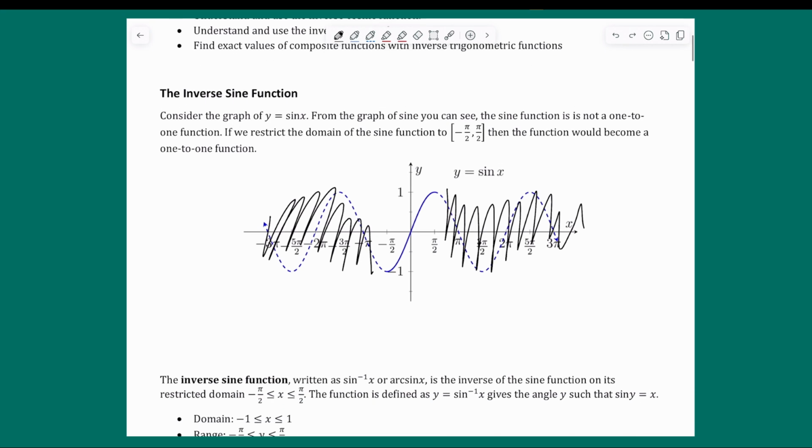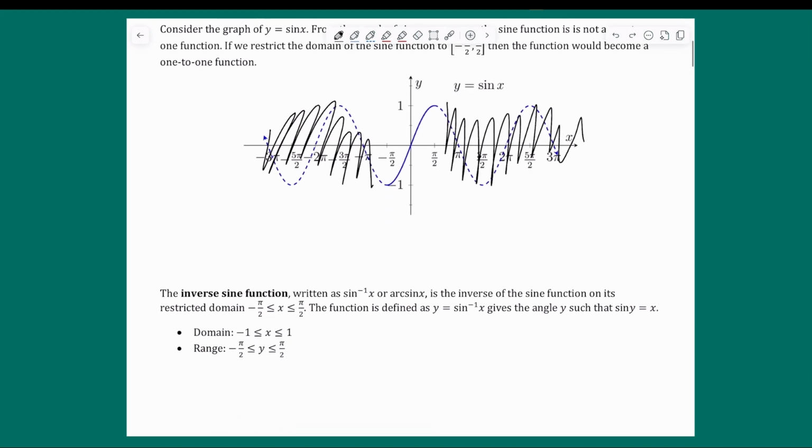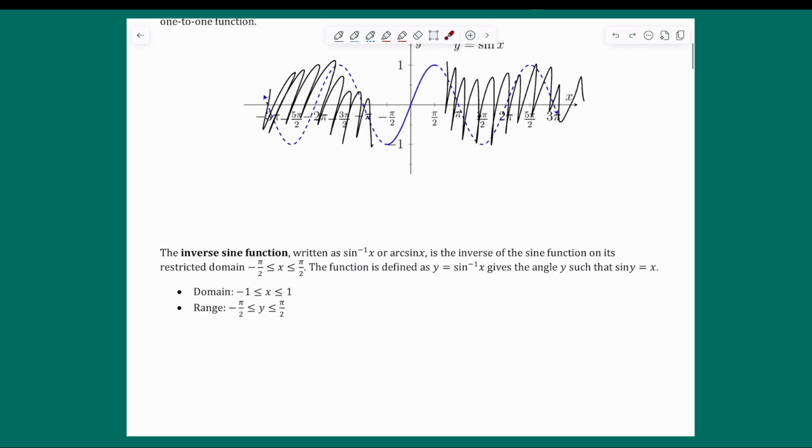And so the inverse sine function, written as sine inverse of x, sometimes also written as arc sine of x, is the inverse of the sine function on its restricted domain, negative pi over 2 less than or equal to x, x less than or equal to pi over 2. The function is defined as y equal to sine inverse of x, gives the angle y such that sine of y equals x.